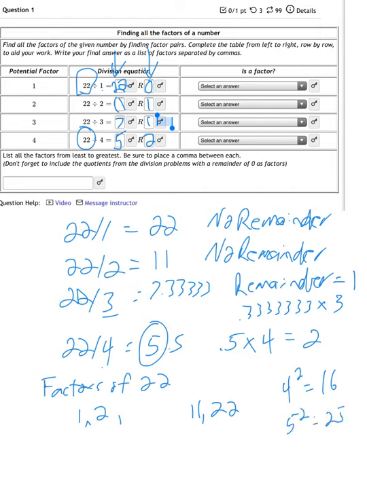Well, 5 squared is bigger than 22, so we don't need to go that far. As far as we have to go is 4 squared, so 4 is the last value we have to check when we're looking for factors. And since 4 doesn't work, because it was 5 remainder of 2, we don't have to worry about it. So our factors are going to be 1, 2, 11, and 22.